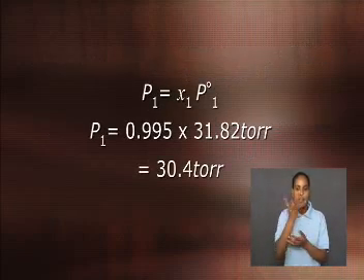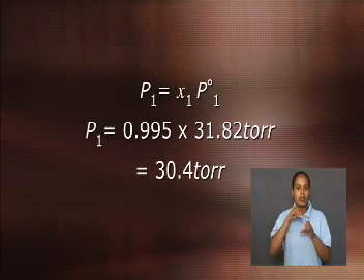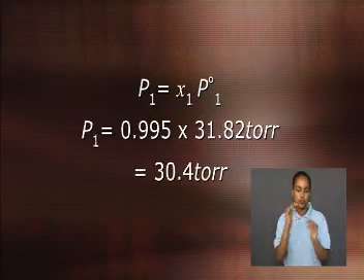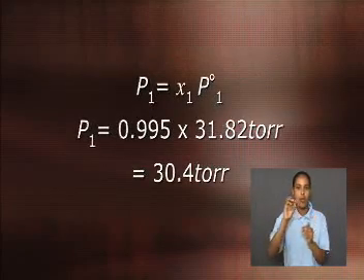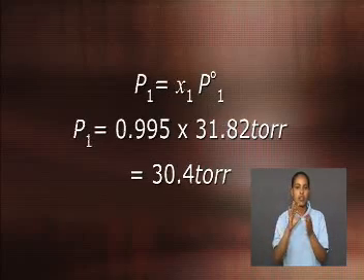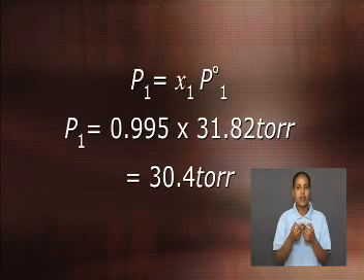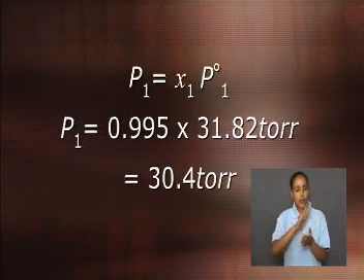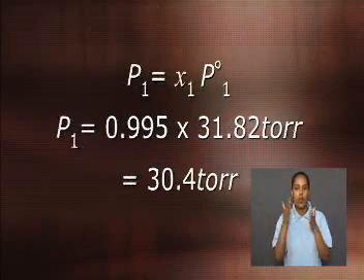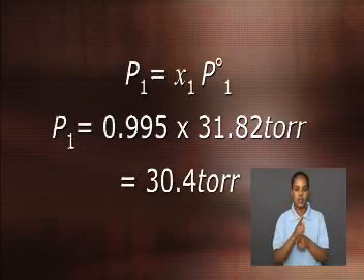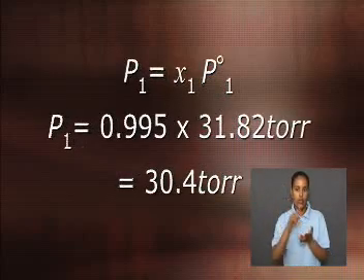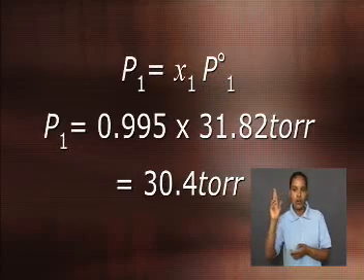Thus, the vapor pressure of water in our solution is equal to the mole fraction of the solvent in the solution multiplied by the vapor pressure of the pure solvent. The answer is 30.4 torr.